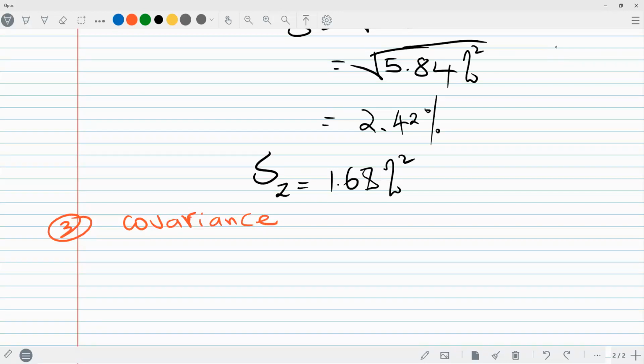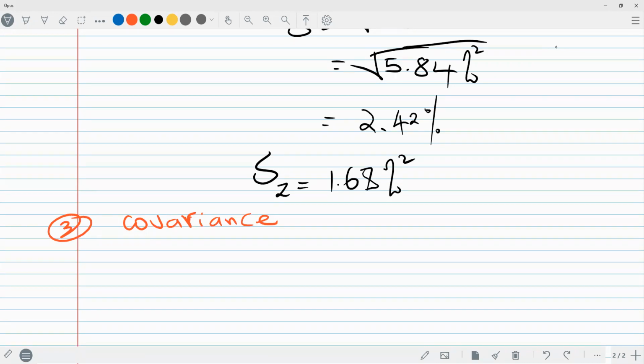Now, covariance is just like variance, as the name suggests. And now there are two assets you want to assess. How do the returns of those two assets move together?